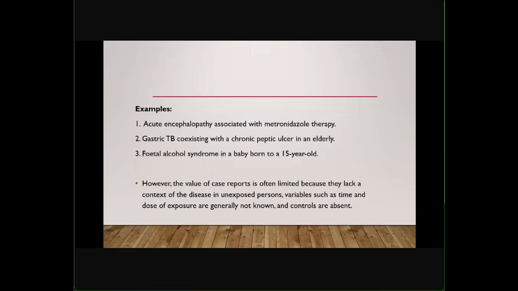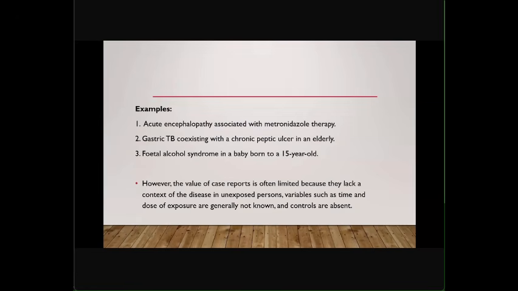Or you see gastric TB of the stomach coexisting with chronic peptic ulcer in an elderly person. You probably will be treating for peptic ulcer, not knowing that this person has a coexisting disease like TB alongside.